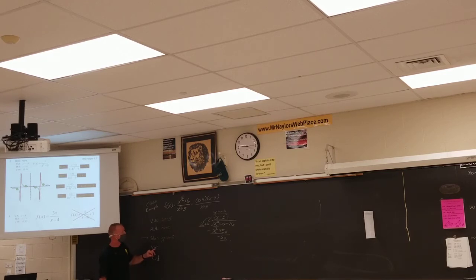Let's do the y-intercept. Plug a 0 into the equation. When you plug a 0 into the equation, I would probably plug it back into the original form because it quickly can give you negative 16 over 5. Negative 16 over 5, it's not the nicest thing, but it is the y-intercept.